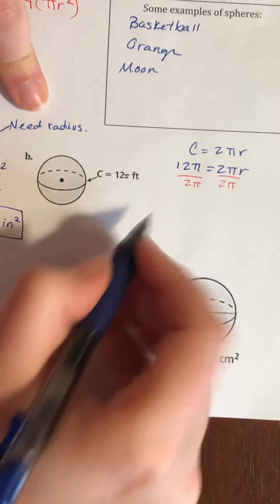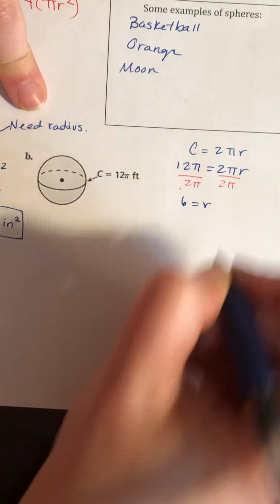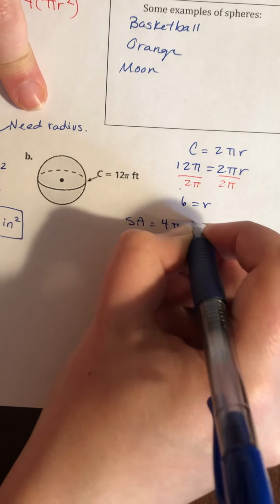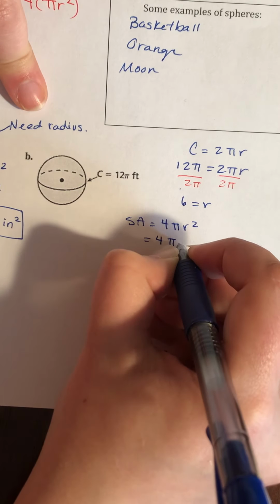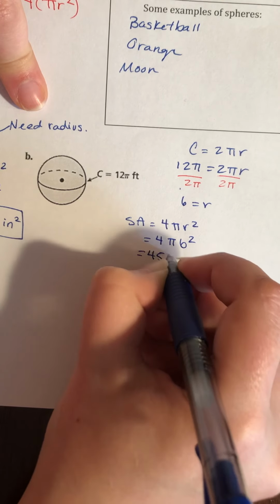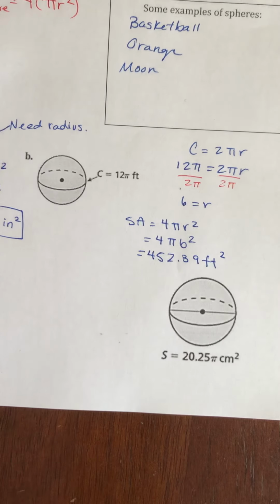The pi's cancel out. 12 divided by 2 is 6. So for the surface area, 4 pi r squared, we found the r is 6. That gives us 452.39. Make sure you are testing this in your own calculator to make sure you can get them.